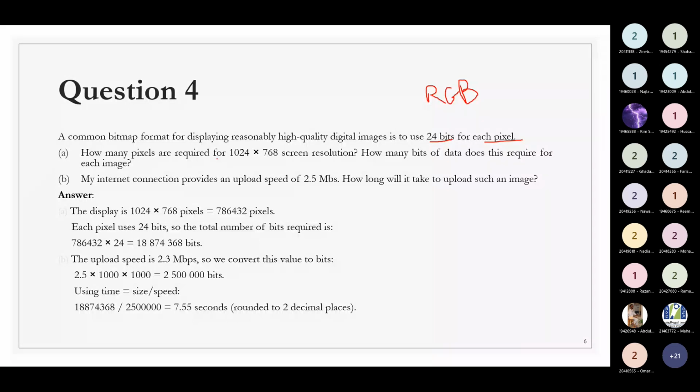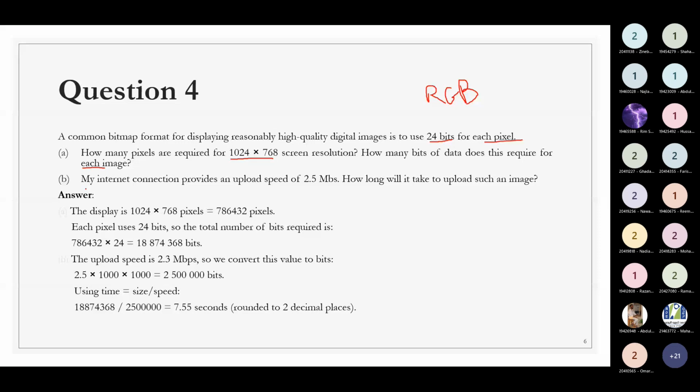And how many bits of data does this require for each image? After that, question B: my internet connection provides an upload speed of 2.5 megabits per second. How long will it take to upload such an image?